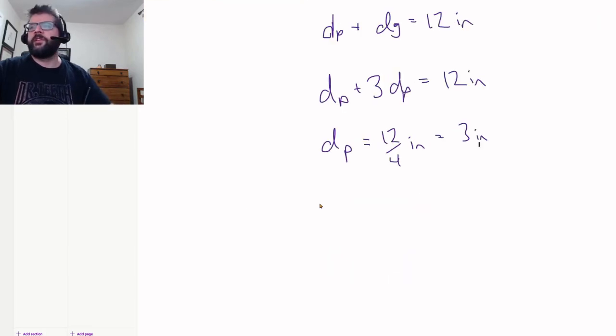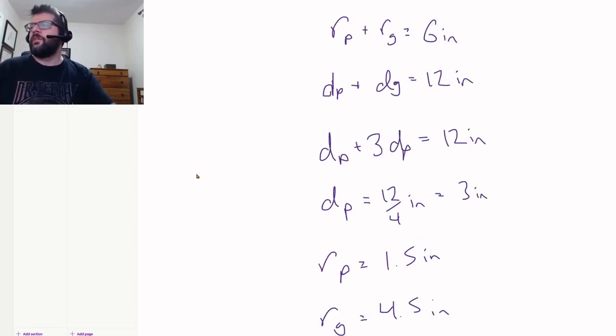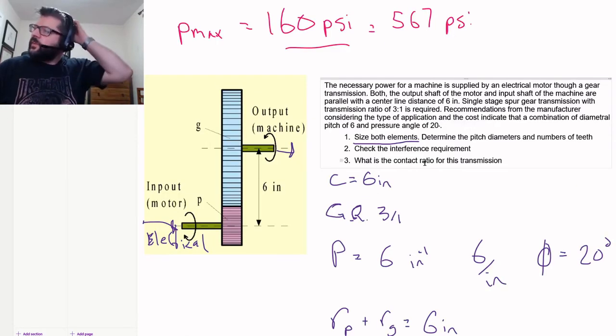In terms of radius, the pinion is 1.5 inches and the gear is 3 times that, 4.5 inches. Adding those together gives us 6 inches. So the diameter of the pinion is 3 inches, and the diameter of the gear is 9 inches. So we've got the sizing.